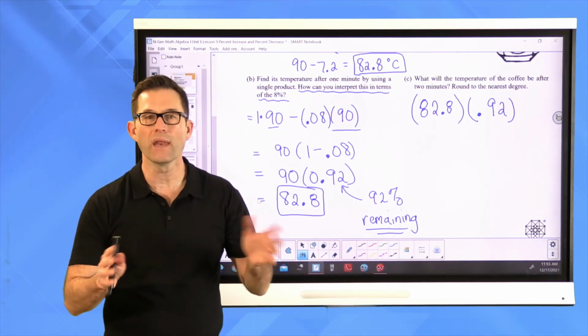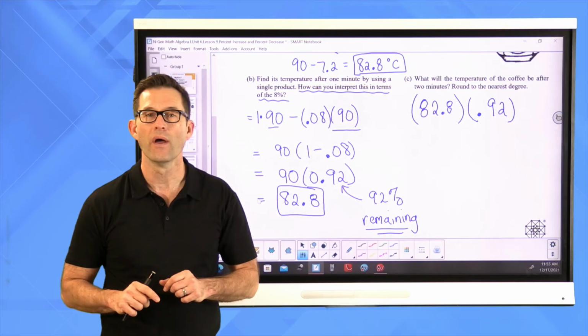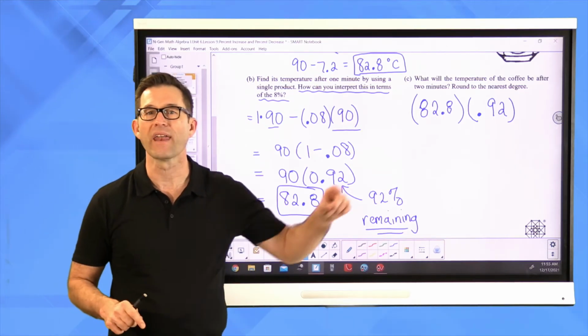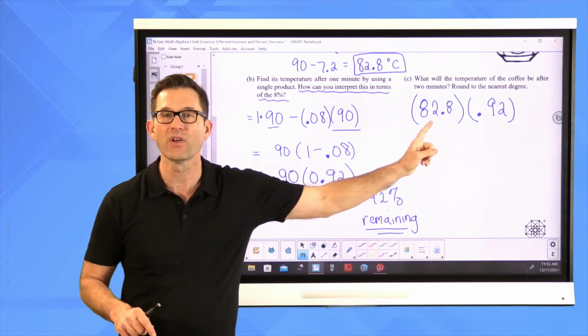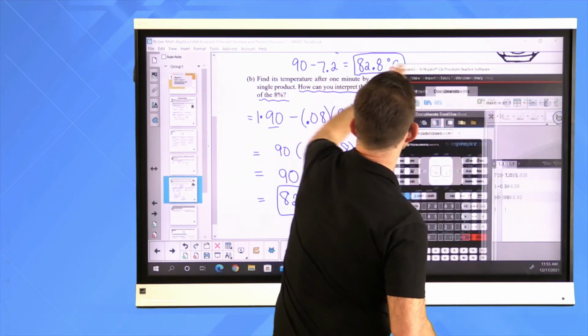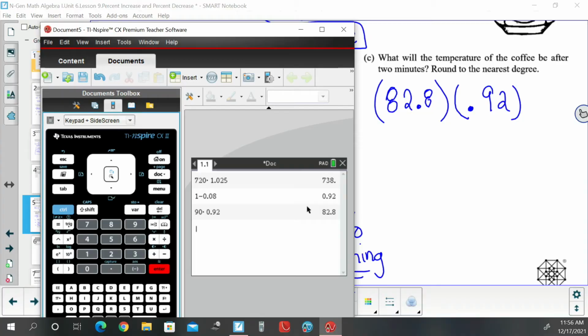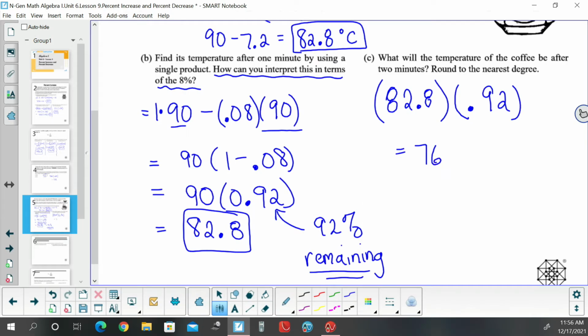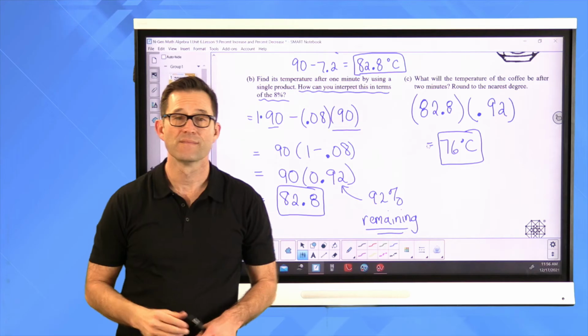I can just do 82.8 times 0.92. After a second minute, I'm only going to have 92% left of what I had after 1 minute. And again, this is as easy as just punching buttons on your calculator. 82.8 times 0.92 gives me 76.176, rounded to the nearest degree. That's 76 degrees Celsius. All right, that's it.